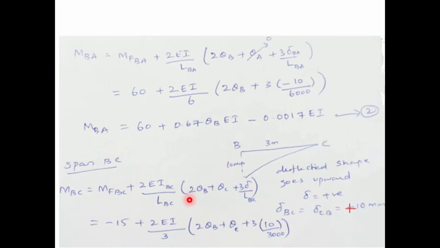Substitute the delta value, it is plus 10 by L, where L for the BC member is 3 meters, therefore 3,000 mm. Outside we will substitute 3 meters only. Why are we using 3,000 mm? Because the numerator is in terms of mm, therefore the denominator is also in mm.